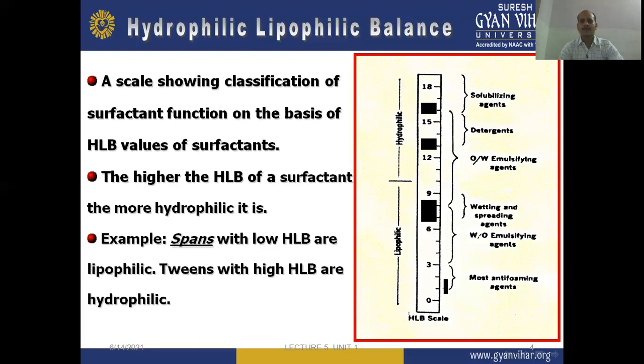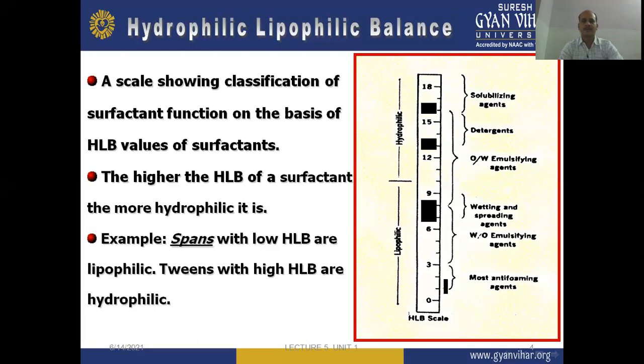Again, for emulsifying agents, water in oil type emulsifying agents have HLB values of 3 to 8. And in contrast to water in oil emulsifying agents, oil in water emulsifying agents have a higher HLB value. In this scale, it is given as 8 to 16.